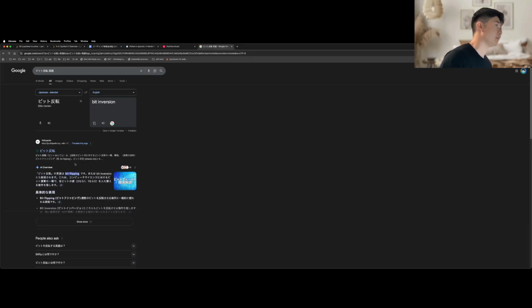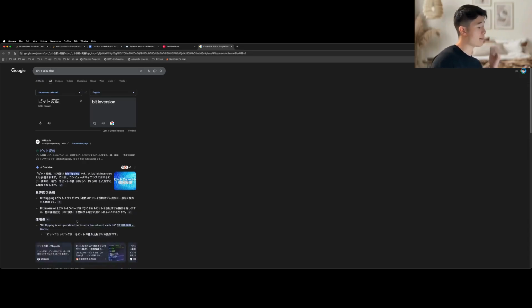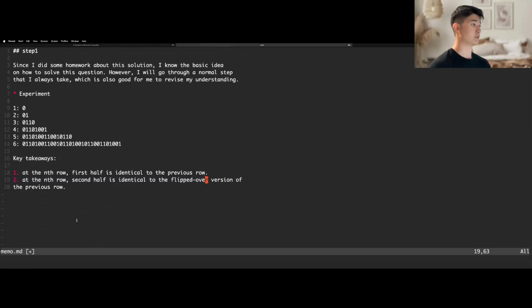Actually, flipping is the correct term. Okay, sure. So flipped over is not necessary in this case. So, flipped version of the previous one. Okay, that sounds great.